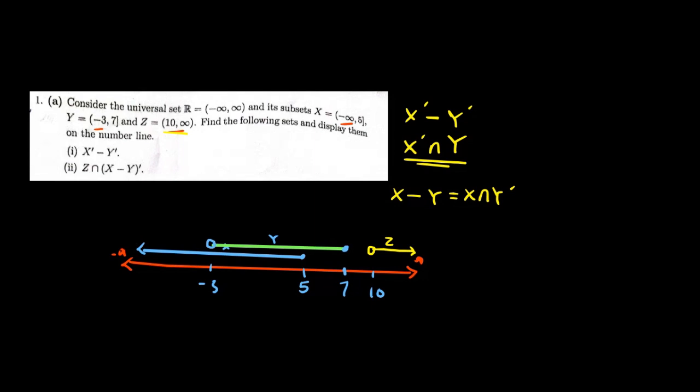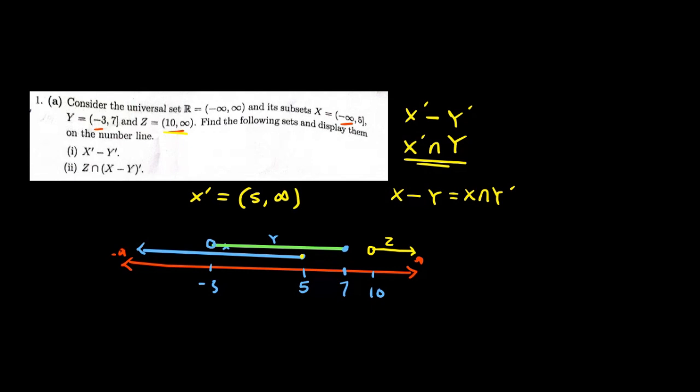So the complement of X will go from 5 all the way to positive infinity. But since it's closed here, meaning 5 is part of X, it won't be part of the complement. So X complement will be open at 5, then going all the way up to infinity like that. This is my X complement.